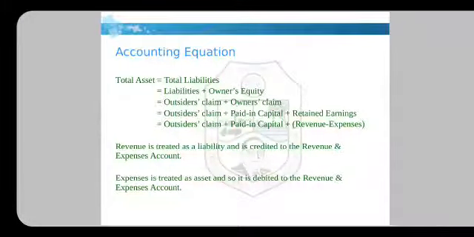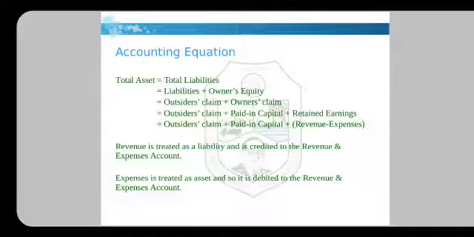Next is the accounting equation. Total assets should be equal to total liabilities, and total liabilities will be considered as liabilities plus owner's equity. Right? Now liabilities means what? Outsiders' claim. And owner's equity means what? Owner's claim. Now owner's claim can be paid in capital or retained earnings. And retained earnings can be rewritten as revenue and expenses.